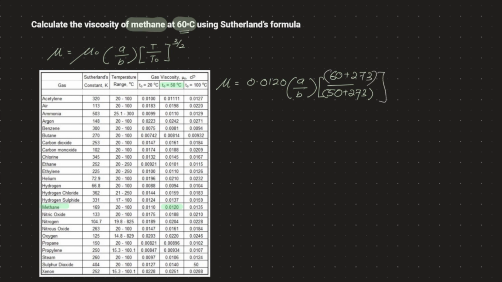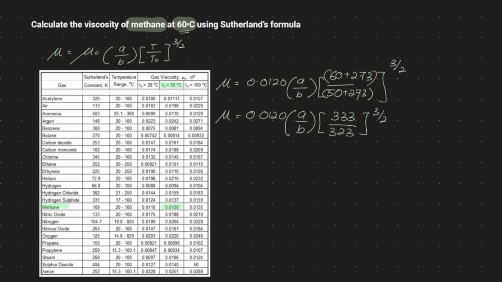All these things you need to do to the power of 3 over 2. So now the viscosity is equivalent to 0.0120 times A over B. I'm just going to leave it like that first. So times 333 divided by 323 to the power of 3 over 2.